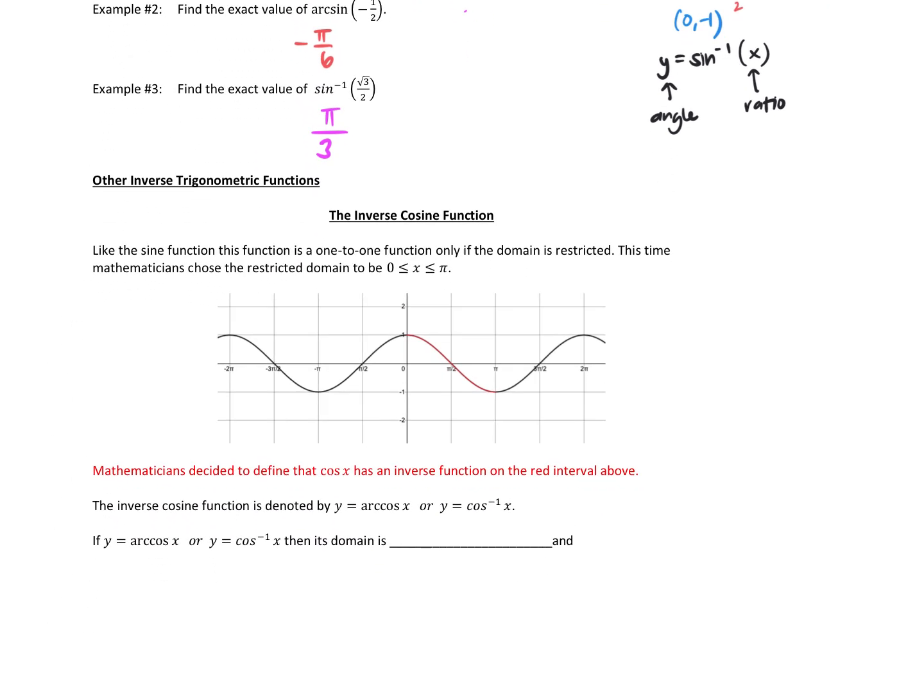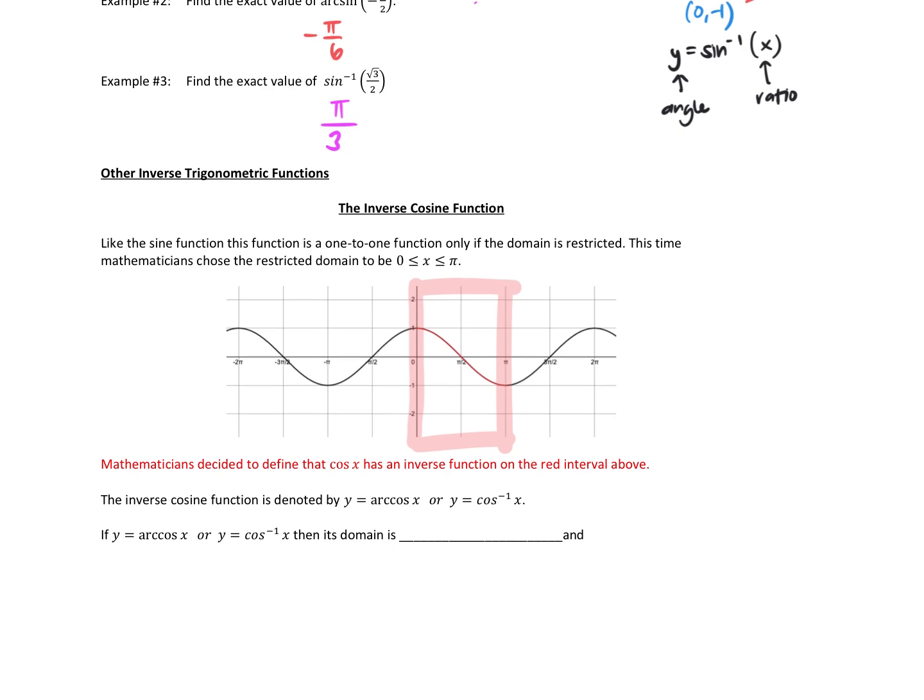Okay. The cosine function starts at 1 on the y-axis, which means that my domain and range are going to need to shift a little bit. It can't be the exact same, because if it was, would this pass the horizontal line test? No. So instead, they shifted it over, starting at 0 and going over to pi, which means that for cosine, the domain would be from 0 to pi, while my range is from -1 to 1.